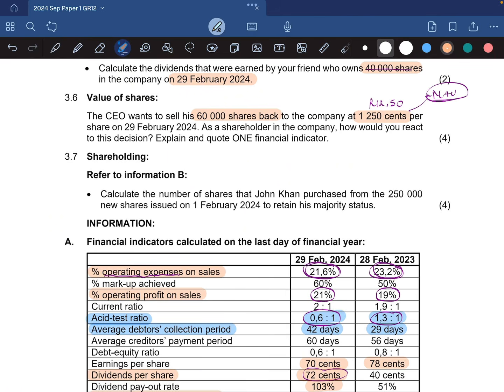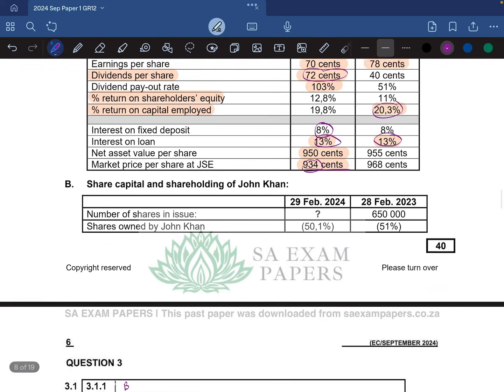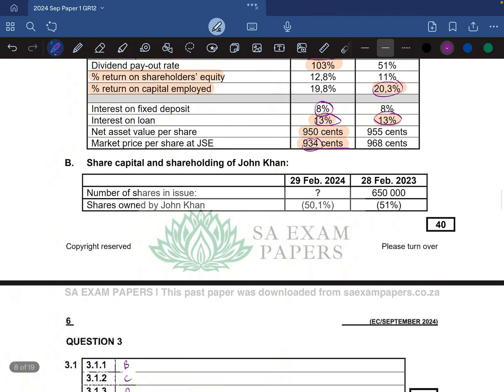We know that there were 250,000 new shares issued on the 1st of Feb 2024, right? And which information are we going to look at? Information B, the share capital and shareholding of John Kahn. We know that in 2023 there were 650,000 shares, and he had a shareholding of 51%.